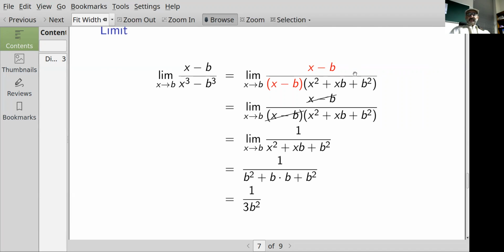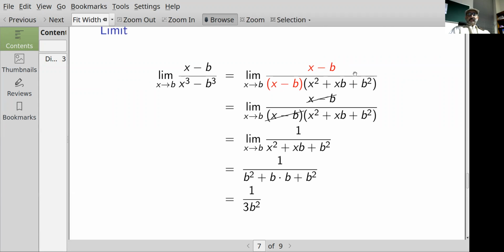So we cancel the x minus b on the top and the bottom, and we're left with the limit as x goes to b of 1 over x squared plus xb plus b squared. We'll discuss a little bit about why you can then just substitute in the b. So x squared plus xb plus b squared, as x goes to b, x squared goes to b squared, xb goes to b squared, and b squared goes to b squared.